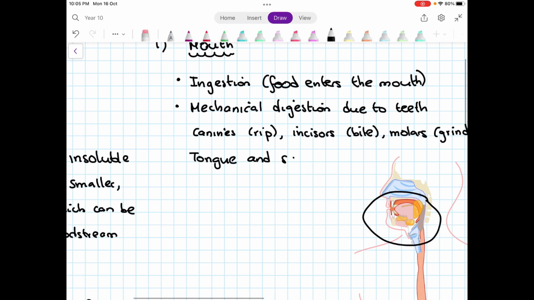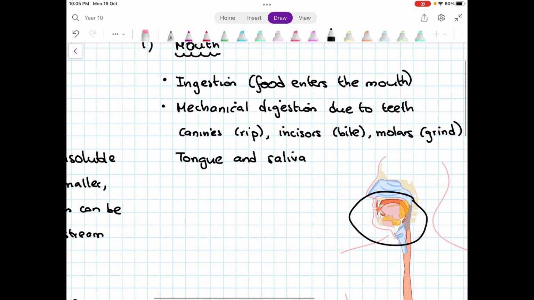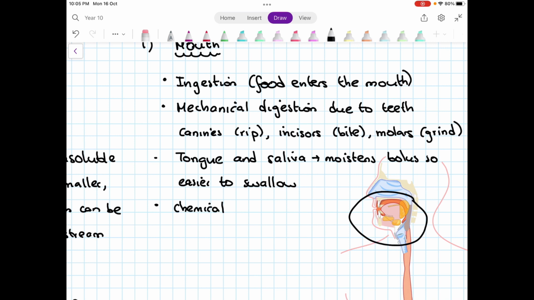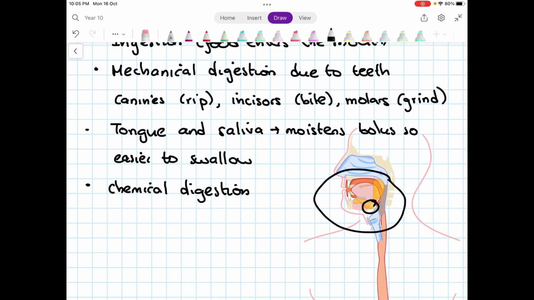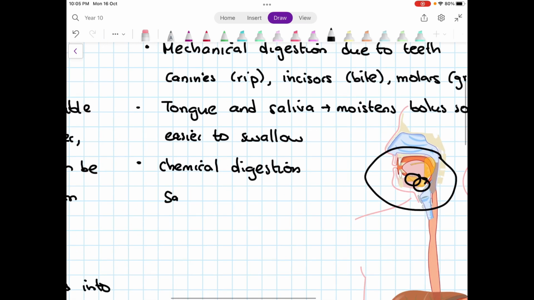We also have the tongue and saliva, which helps moisten the bolus of food so it's easier to swallow. And then we have chemical digestion, because these structures, known as salivary glands, secrete salivary enzymes.